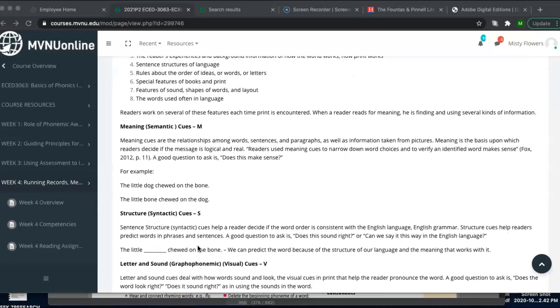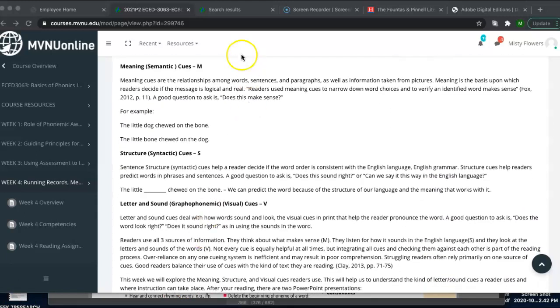The analysis can be tricky. The meaning cues. The reader can use meaning from the picture and the text. Let me back up.